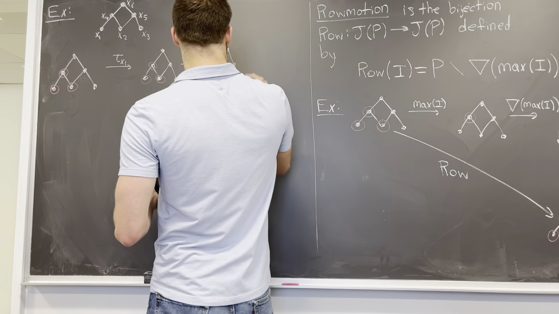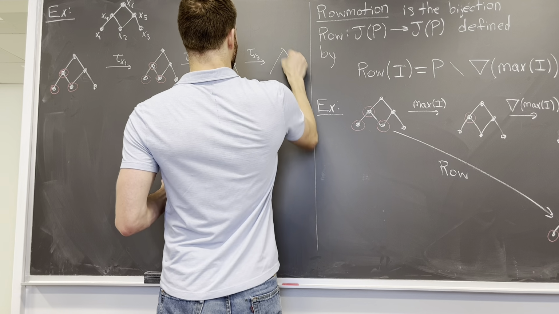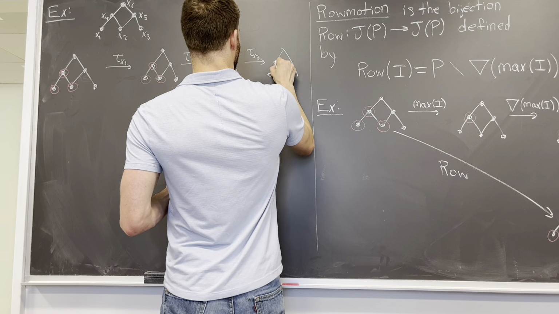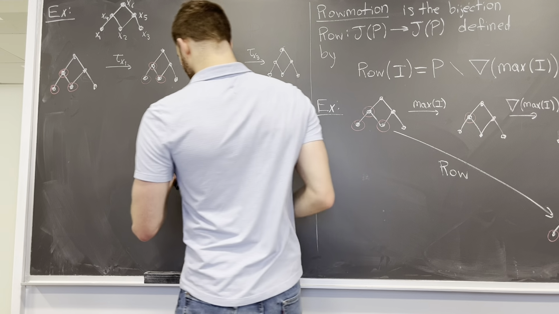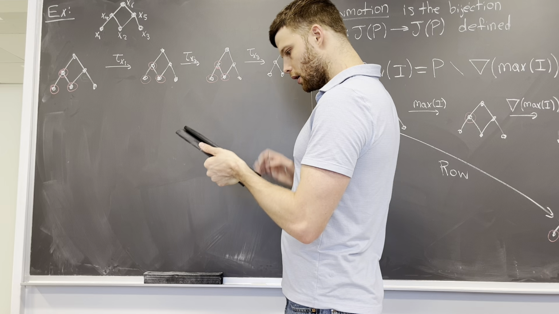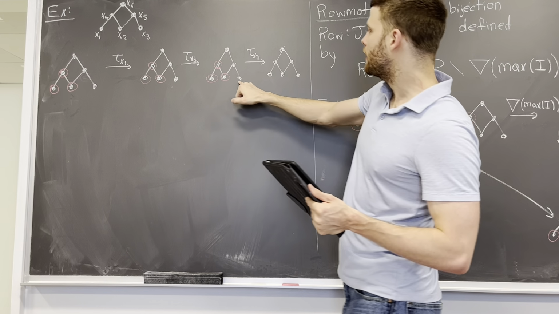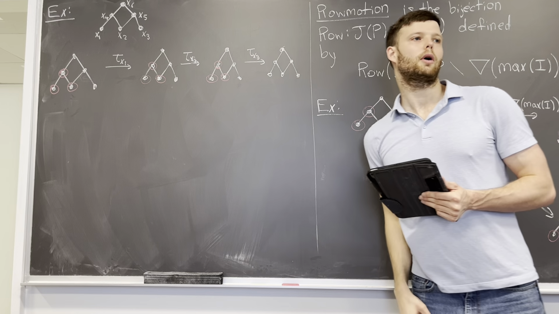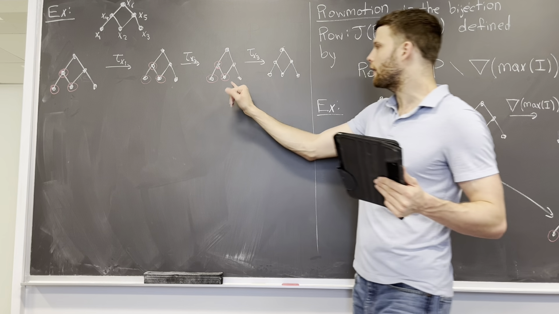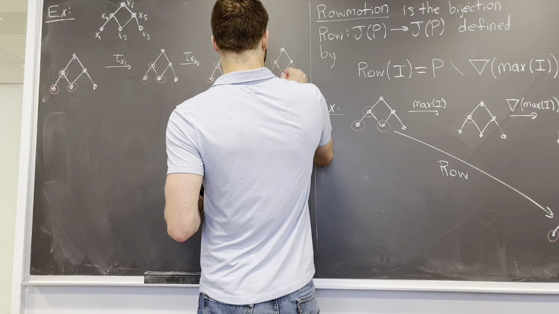Now let's do tau x3. So now when I do tau x3, I see that x3 is not in my order ideal, so I want to add it in, and I'm allowed to do that, because if I add it in, then what I get is an order ideal. So then I get this.